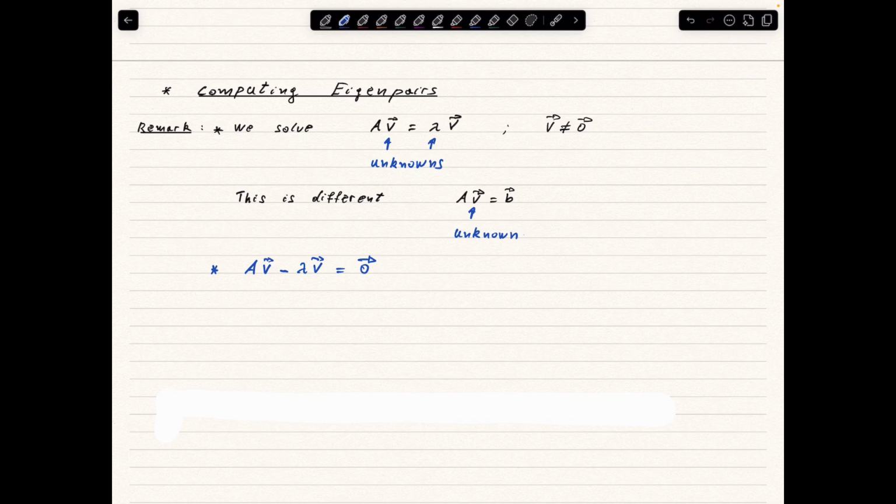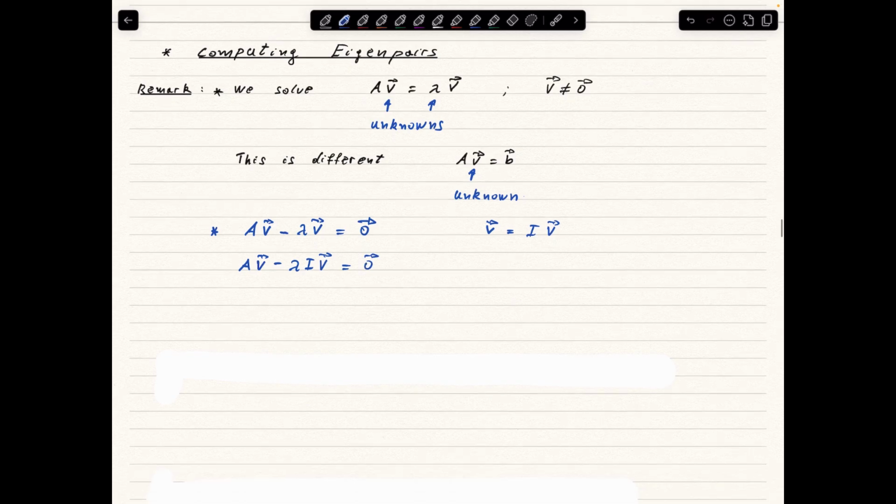Recall that v is the same as the identity acting on v, because the identity matrix doesn't change the vector. So we can write down here A minus lambda identity acting on the vector v. Now we have two matrices with the same shape, equal to the vector 0. Okay, so now we can pull common factor the vector v from here, and now we have a 2 by 2 matrix acting on the vector v equals 0, the vector 0.